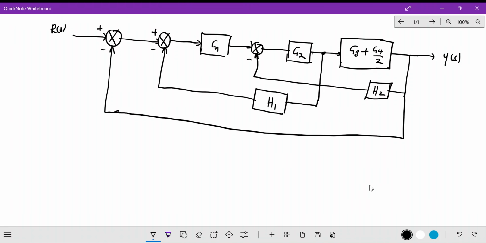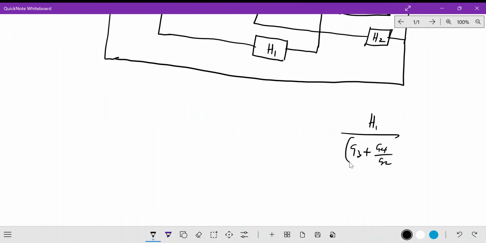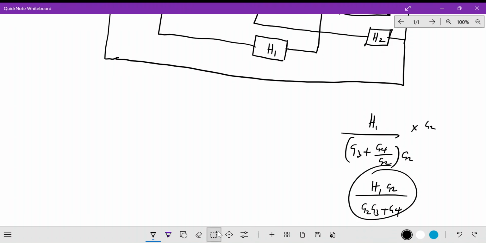So I'm going to have H1 divided by G3 plus G4 over G2. If I simplify this, I multiply both top and bottom by G2. I'm going to have H1 G2 divided by G2 G3 plus G4. So just keep that in mind.